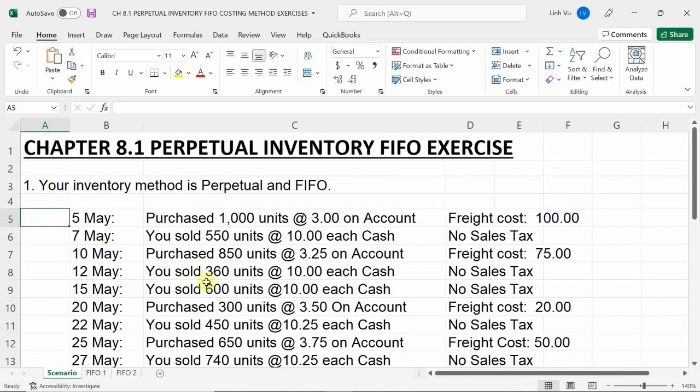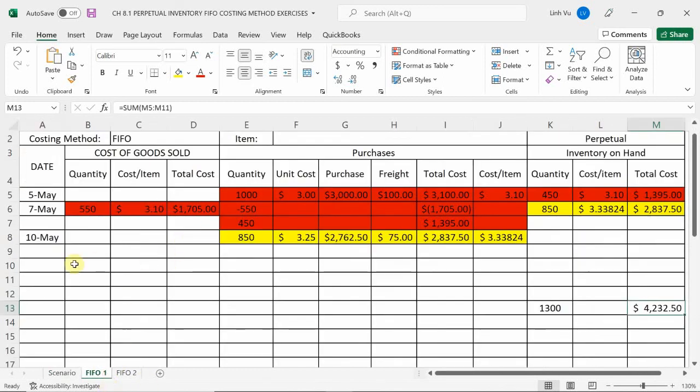All right, so let's see what happened next. May 12th, I end up selling 360 units. Now let's take a look at our batches of inventory. I have a red batch of inventory that I made a purchase on June 5th, and then I just purchased a new batch of inventory on May 10th.